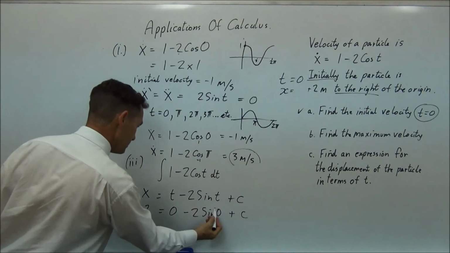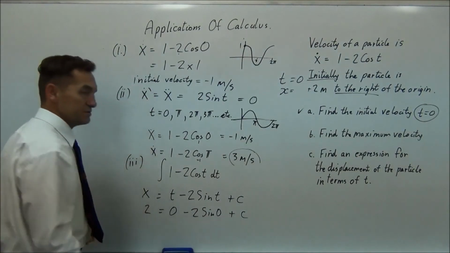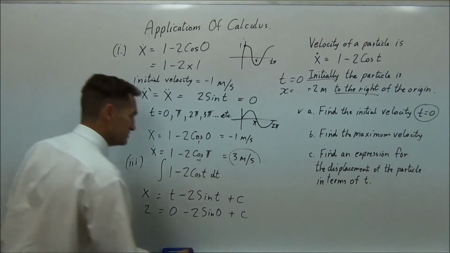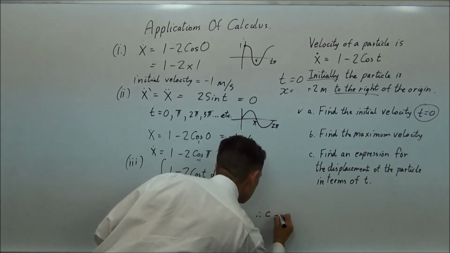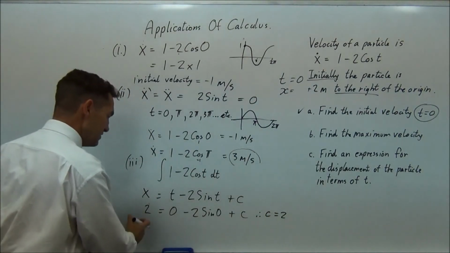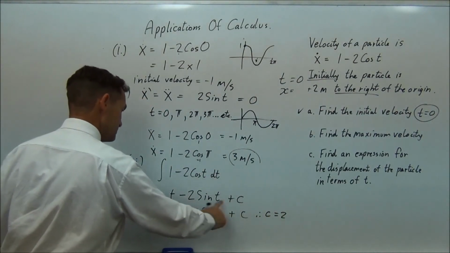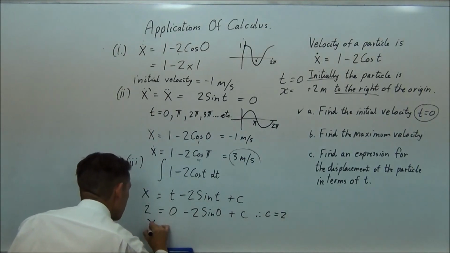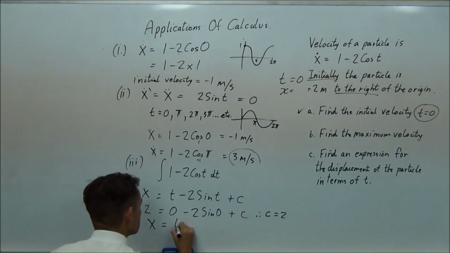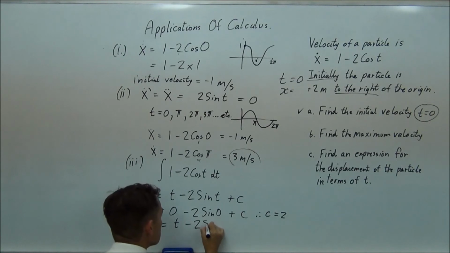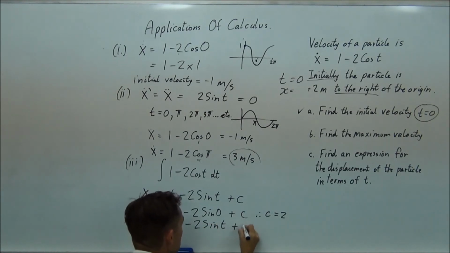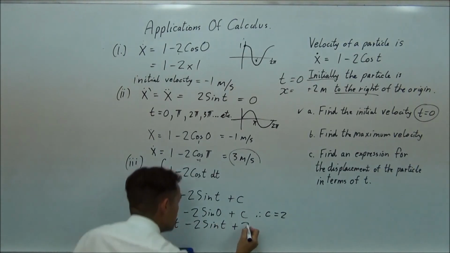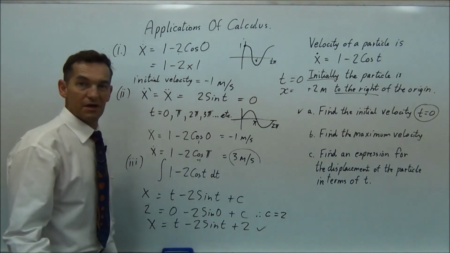So this is nothing, nothing plus c. Guess what c is? c equals 2. So your equation is x equals t minus 2 sine t plus 2. And you're done.